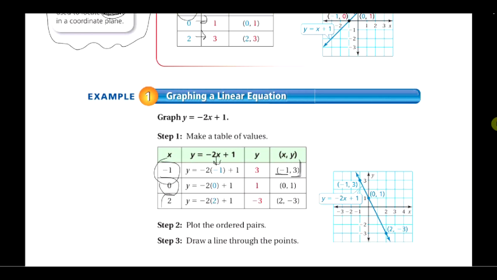And lastly, when x is 2, plug in 2, y equals -3. 2 times -2 is -4, plus 1 is -3. If you choose at least 3 values, that ensures you don't accidentally have one solution point over here or down here. You'll see that they all line up in a beautiful straight line. I'll scribble all over. See, I get to write in my book. Please don't write in yours.